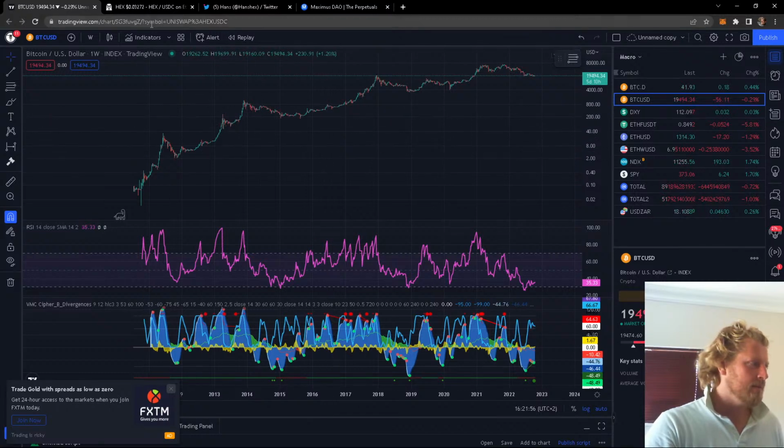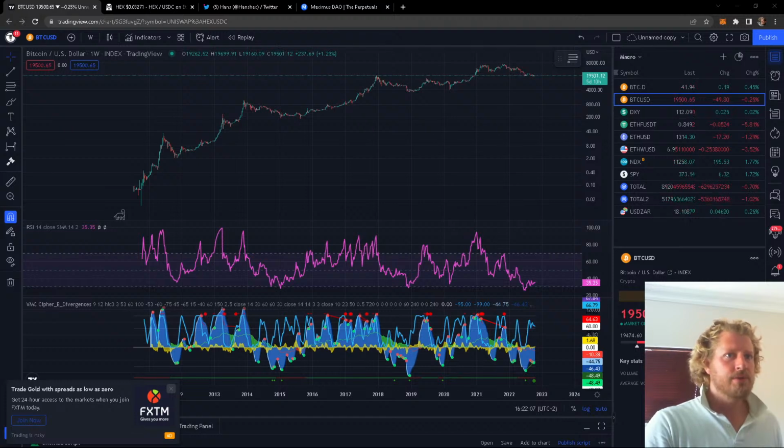Right? What's the market cap of Bitcoin currently? Let's just pull that up. The market cap is 375 million, right? We turned at like 1.1 million. I can't remember in the bull. We can pull it up here.